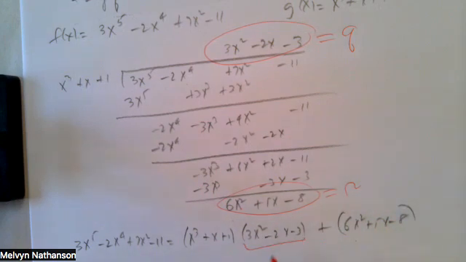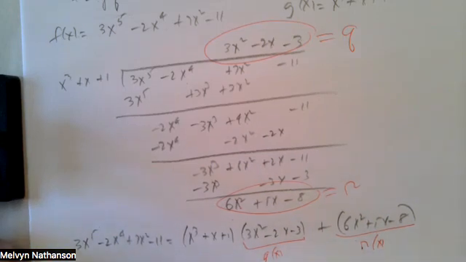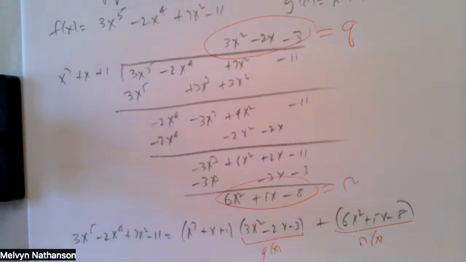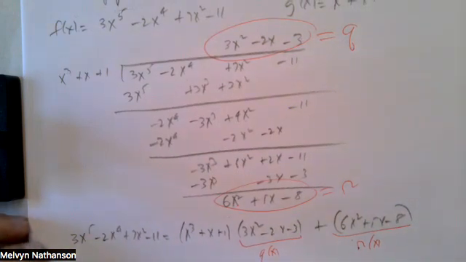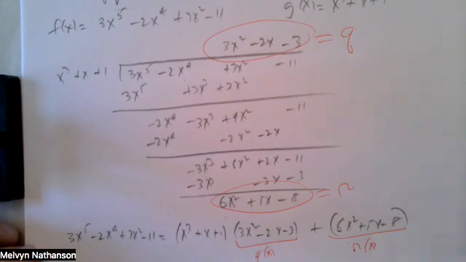So this is my quotient q, polynomial. This is my remainder r. That's my long division. Any questions about that?